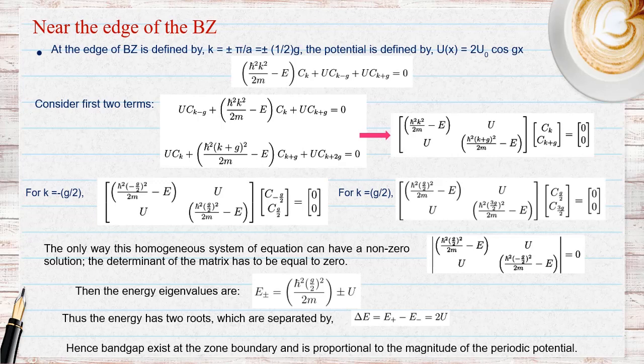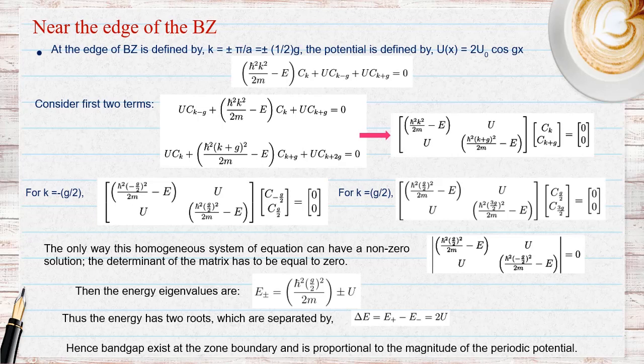We just rearrange this equation so that U C(k minus g) plus (h cross squared k squared by 2m minus E) times Ck plus U C(k plus g) is equal to 0. The next term is when k is added with g, so that the next term will be U Ck plus (h cross squared (k plus g) all squared by 2m minus E) times C(k plus g) plus U C(k plus 2g) is equal to 0.